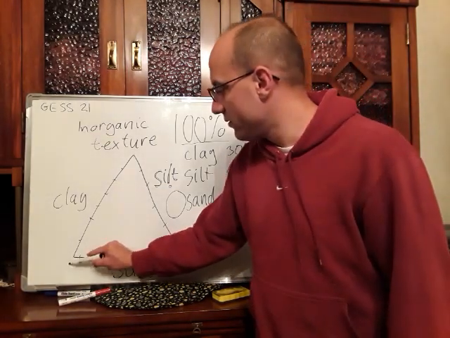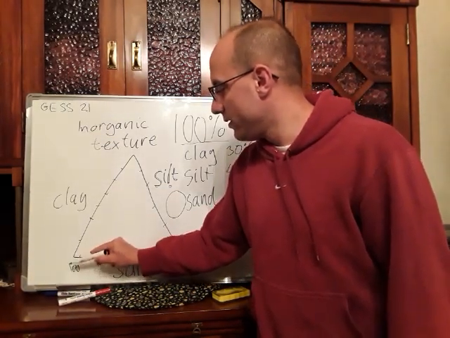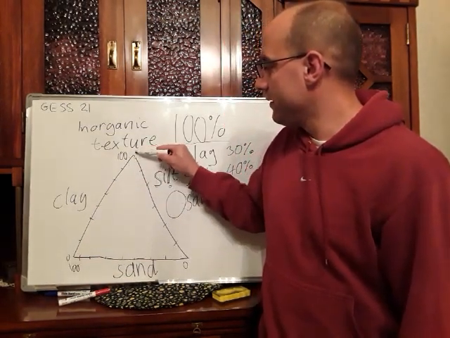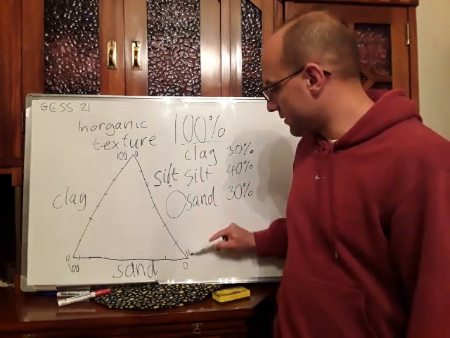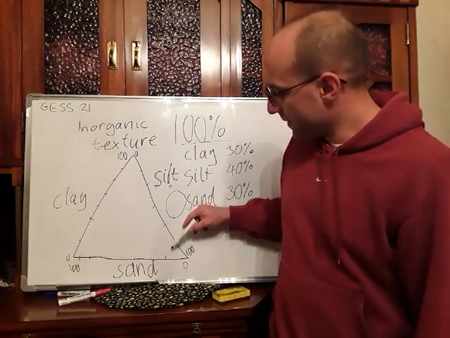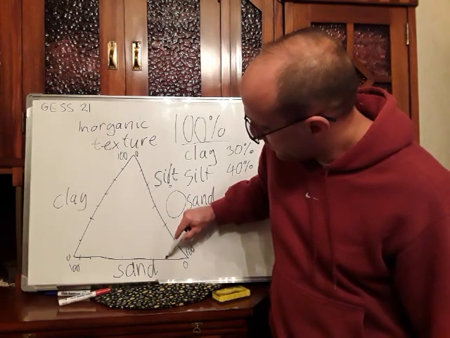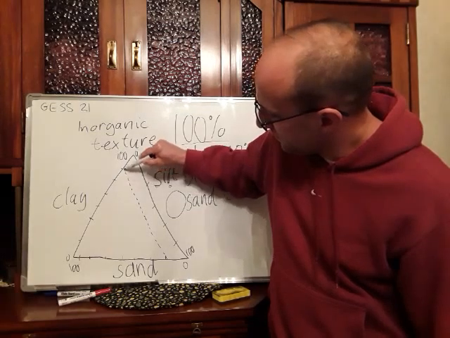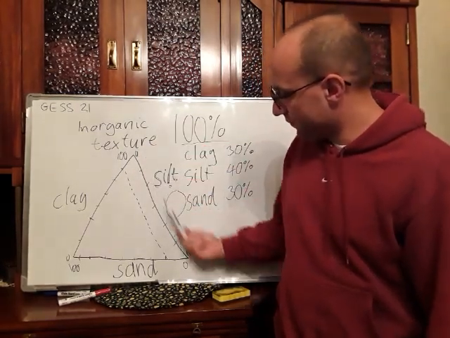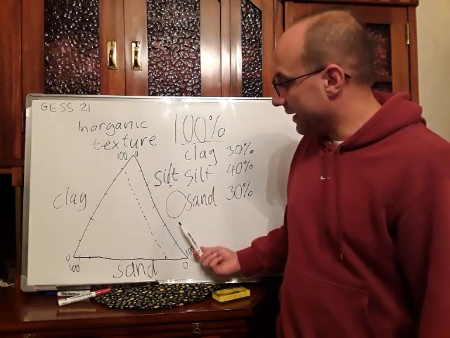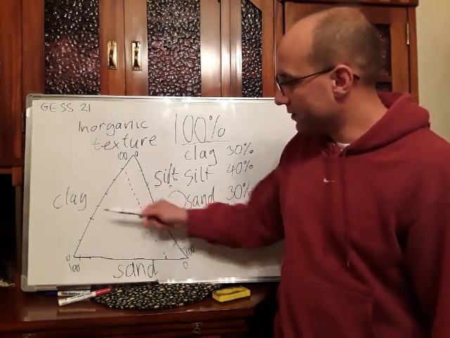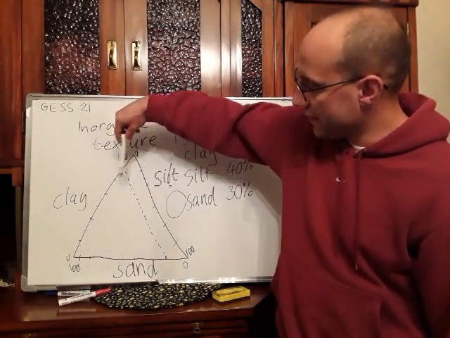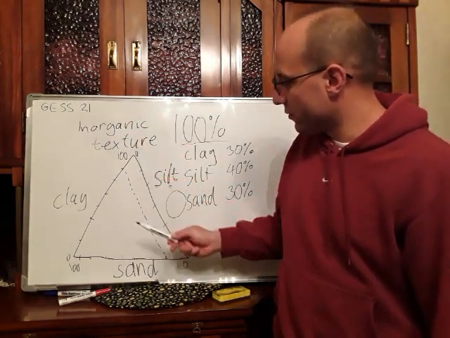Here we have 0 over there, 100, 0, 100 for clay, and 0, 100 for silt. And so it's important to get these axes parallel to the side on the right, for clay also on the right, and for silt also on the right. And that's how we're going to start from 0.